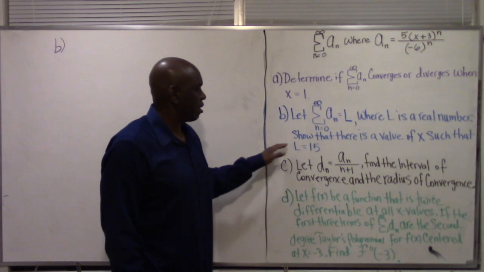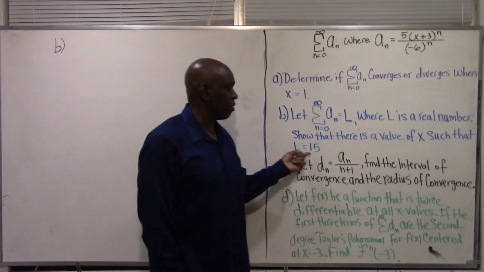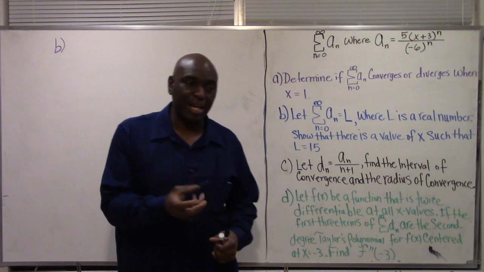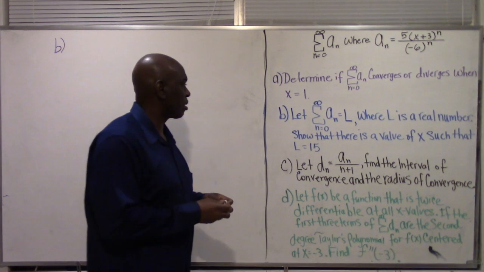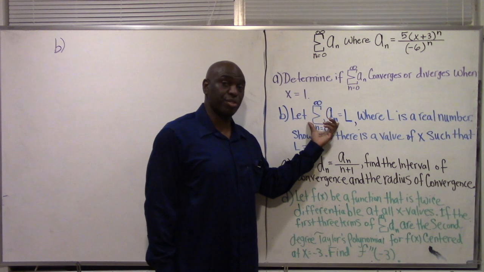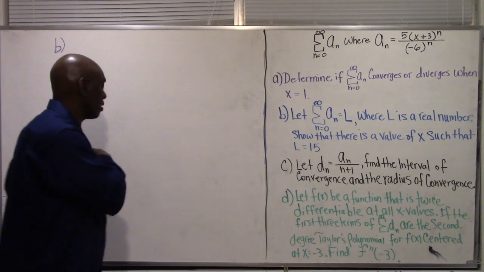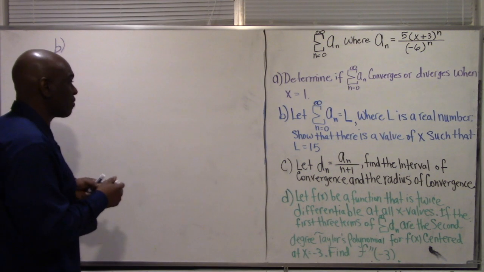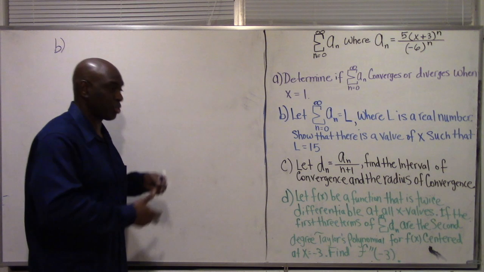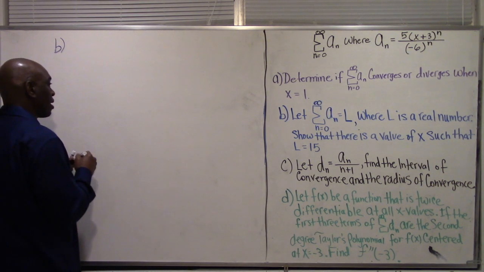Show that there is a value of x such that L equals 15. So in essence, we have a series, or a sum, that's converging to a limit L. So let's write it up for B.